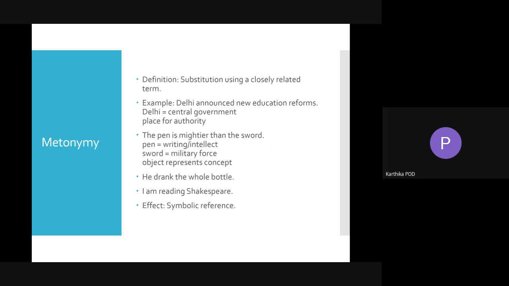Next is metonymy, which is not whole or part, but a closely related word. For example, Delhi announced new education reforms. What does that mean? Delhi announces, can the place announce? No, ma'am. It's not the capital announcing. But Delhi is associated with the central government.